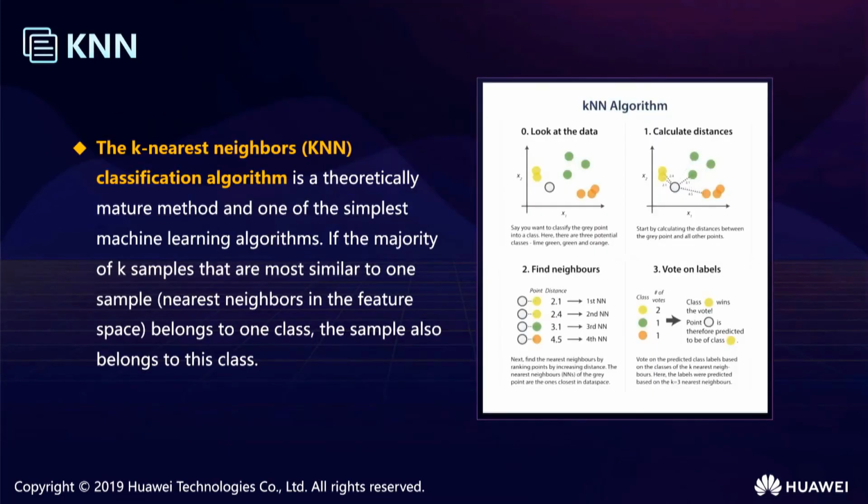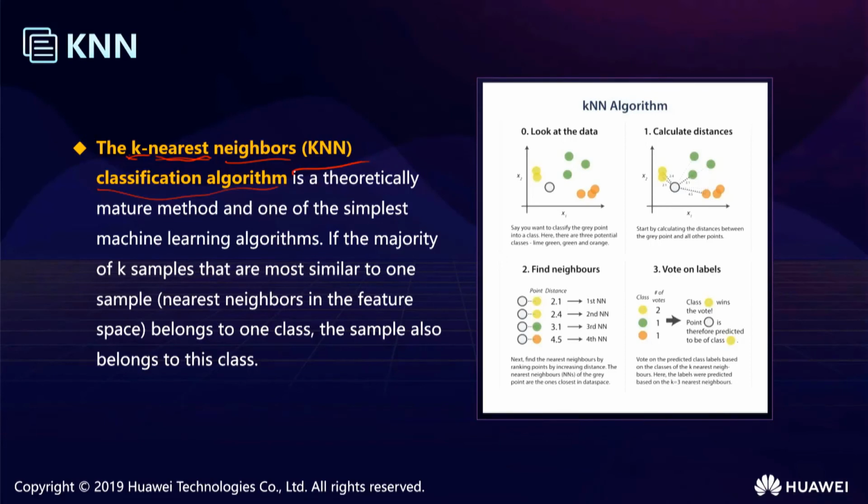Let's see how we use distance to solve classification. KNN, K nearest neighbors, is a classification algorithm.